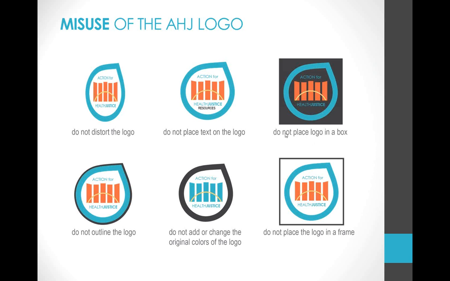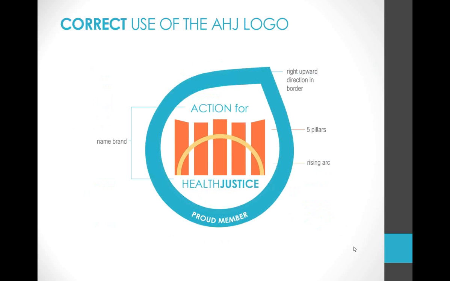Another example is putting the logo inside a box, creating an outline around the logo, like you see here, or adding or changing colors of the logo. Even though the structure of the logo is still the same, you want to maintain the original colors of the logo. And lastly, don't put the logo in a frame, because it looks like it's part of the logo as well. So these are a couple of examples of how not to use the logo.